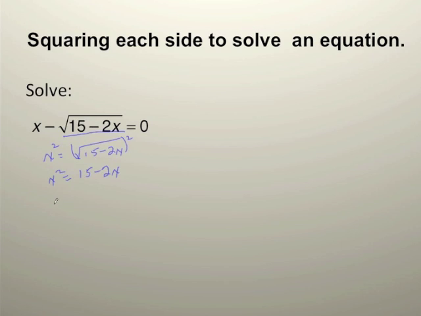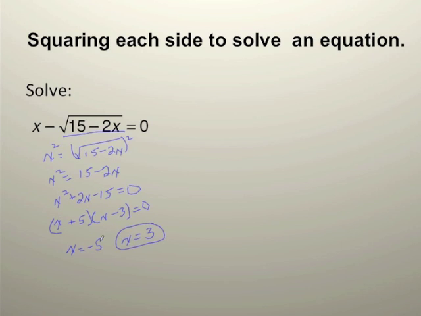I now have a quadratic, so get it on one side, equal to 0, so this will make x squared plus 2x minus 15 equals 0, factored into x plus 5 and x minus 3 equal to 0. So x equals negative 5 and x equals 3.